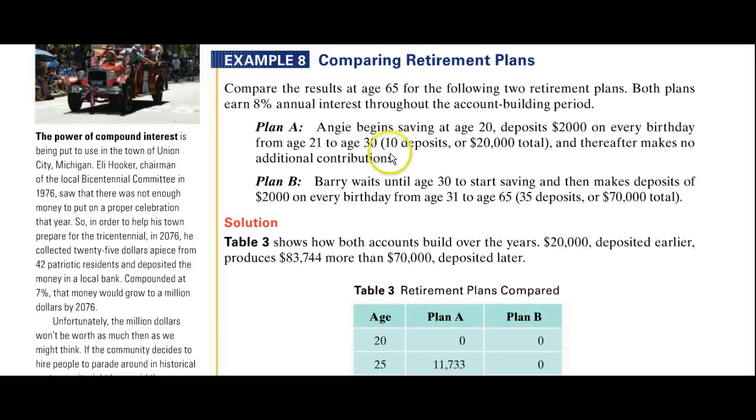And while we're here, Barry waits until age 30 to start saving and makes deposits of $2,000 on every birthday from age 31 to 65, so starting 10 years later, and deposits eventually $70,000.